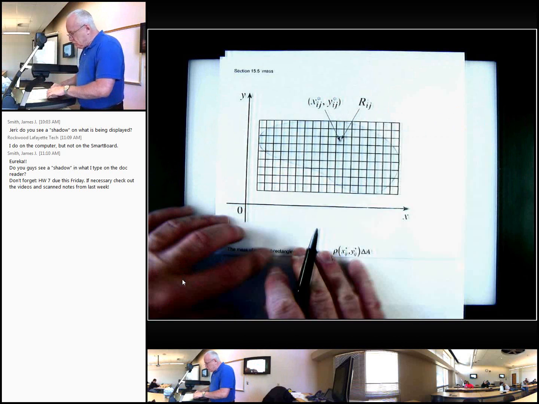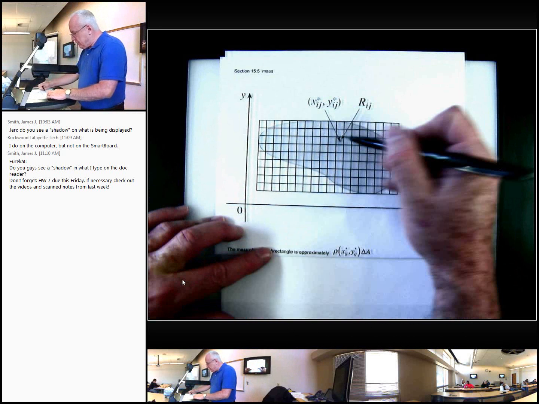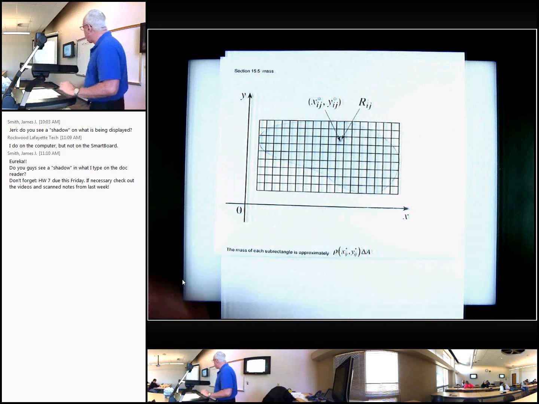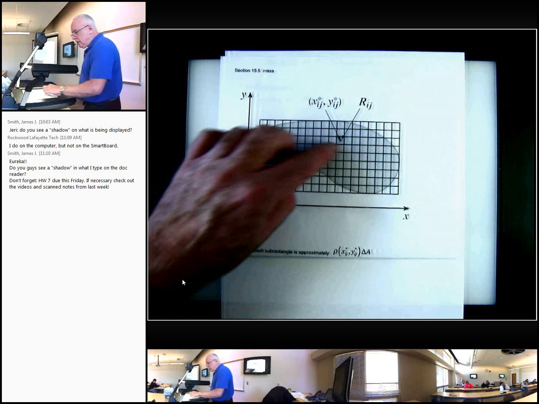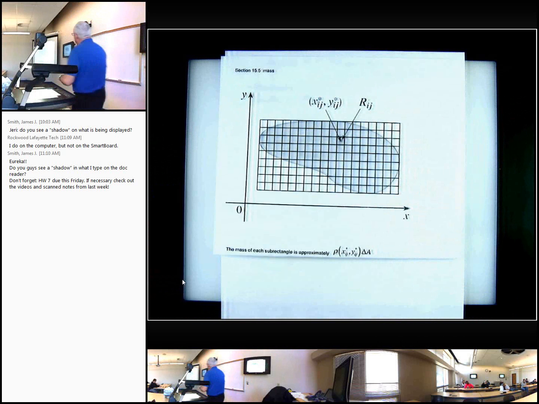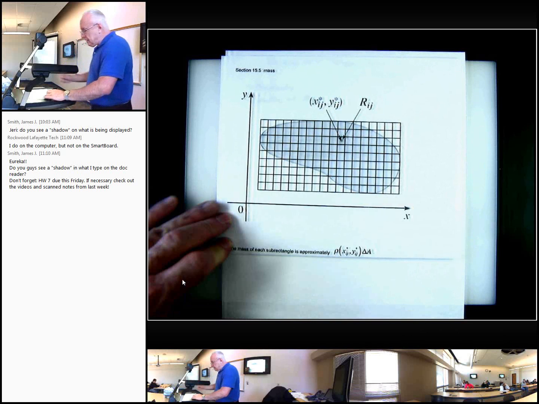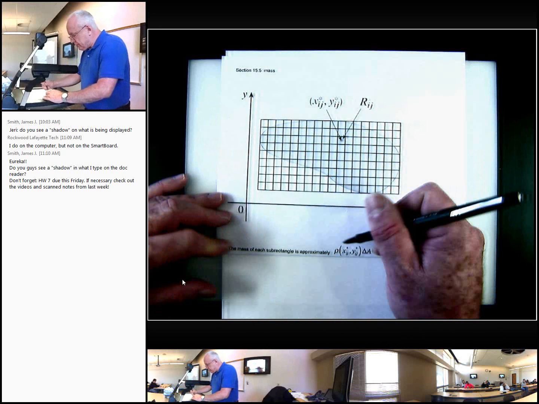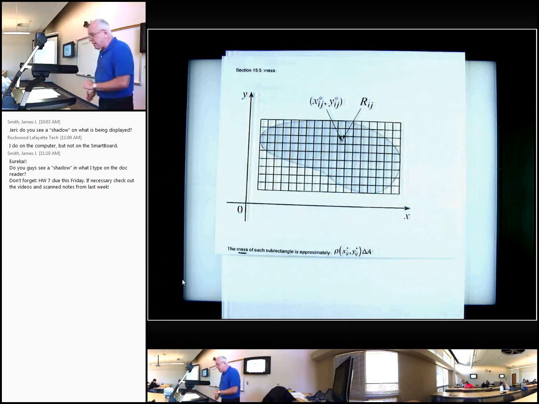And each square here has an area, delta A. In the center of each little square, we pick a point and plug that into our density formula, and what we get then is the mass of each rectangle.